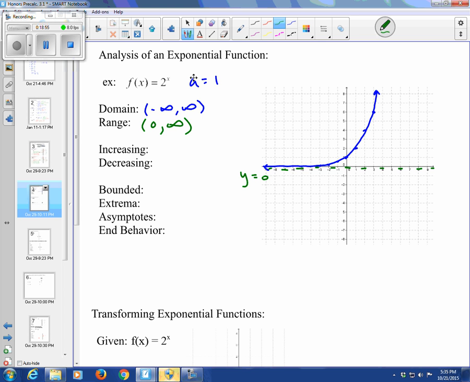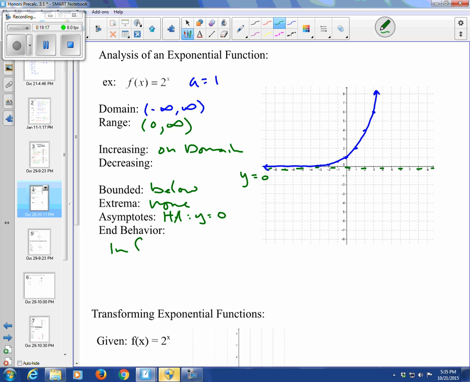This function is definitely increasing on its domain, right? It is not decreasing. It is bounded below, right? With the extrema, we don't have any peaks or valleys, so we can say none. The asymptotes, we have a horizontal asymptote of y equals 0 and no vertical asymptote.